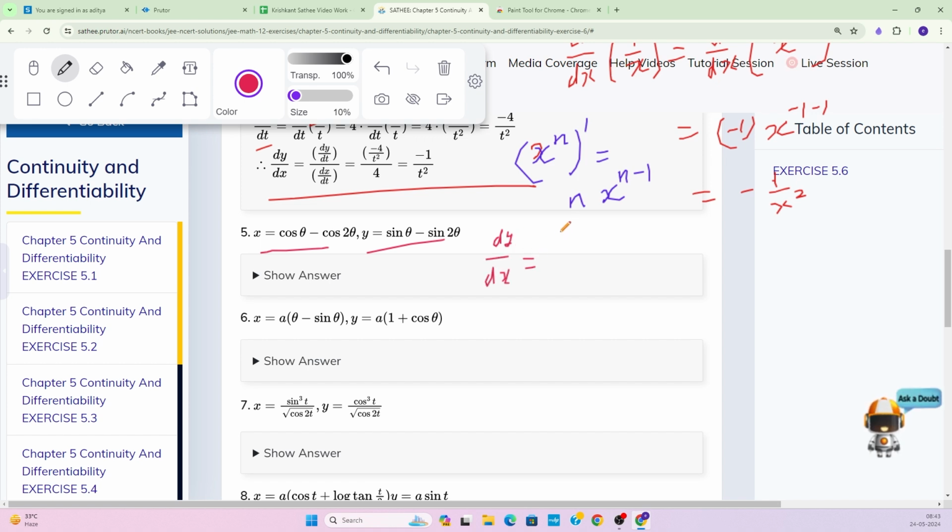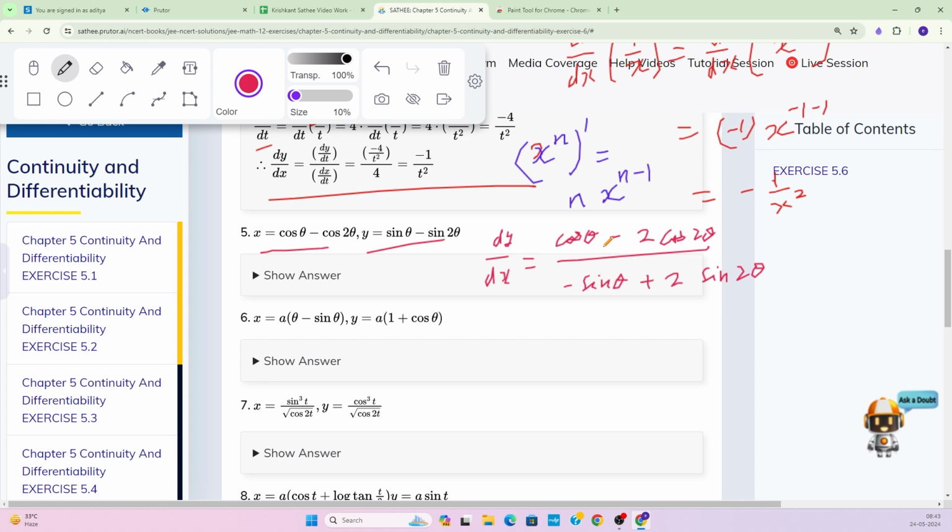So dy over d theta will be cos theta minus 2 cos 2 theta, divided by minus sin theta plus 2 sin 2 theta. This form will be your answer.